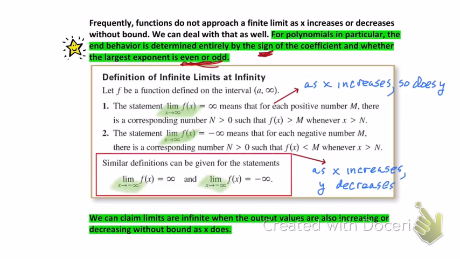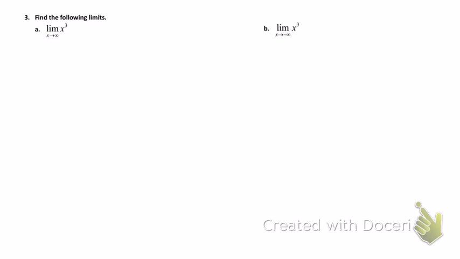And in the box here, please remember we could do something similar for x approaching negative infinity, and we could see what the y's are approaching. Let's look at x cubed as x is approaching positive infinity. What's happening? X is getting bigger without bound.